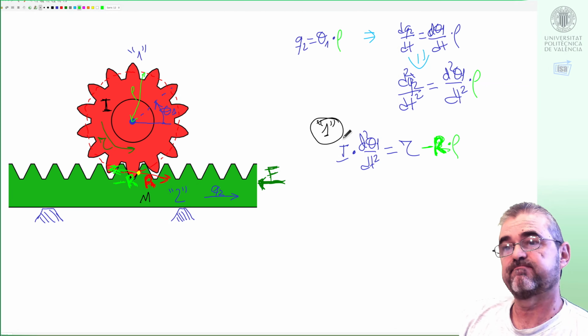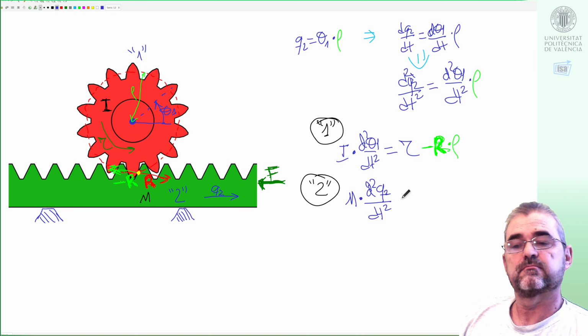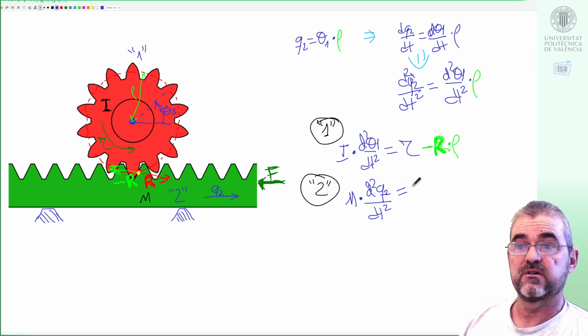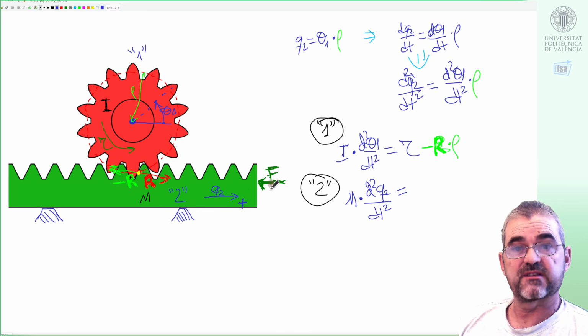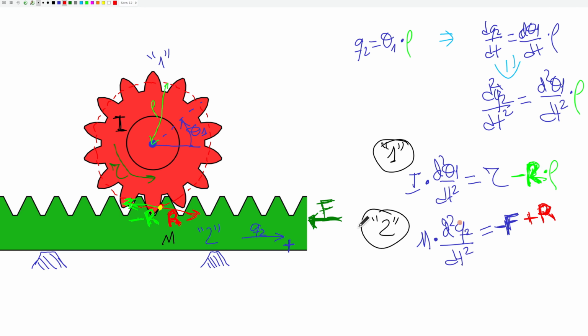If we now write down the Newton equation for body 2, the green body, then we have mass times acceleration equal to resulting force. If positive is movement to the right-hand side, this force arrow points left, so we put minus F, and then the reaction force will push right, at least in the drawing we are doing.